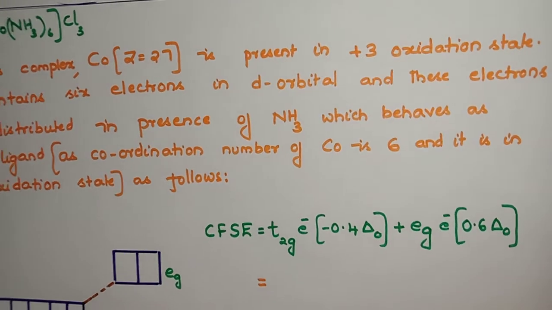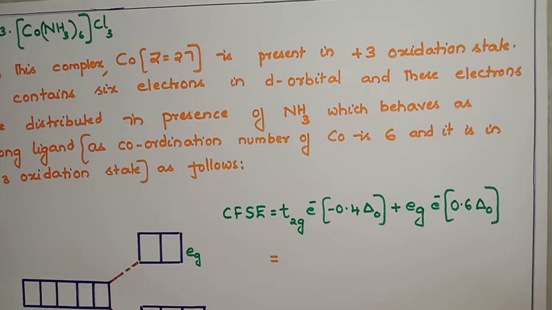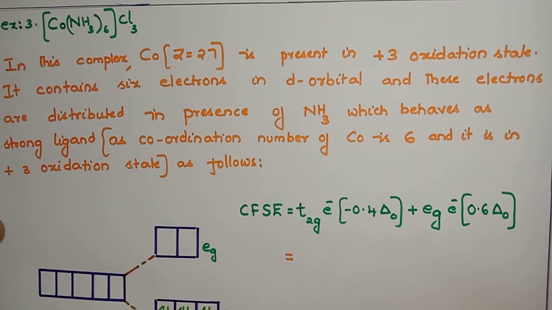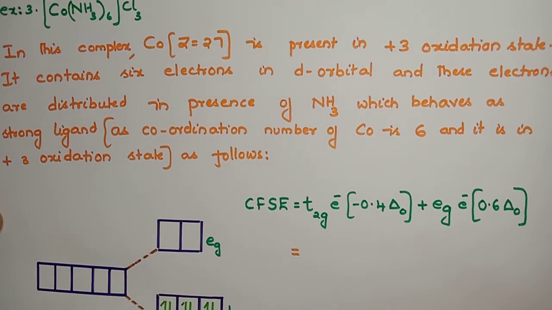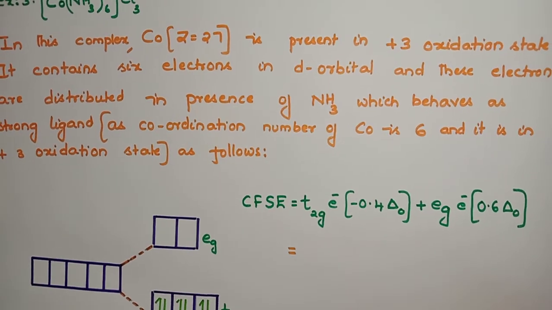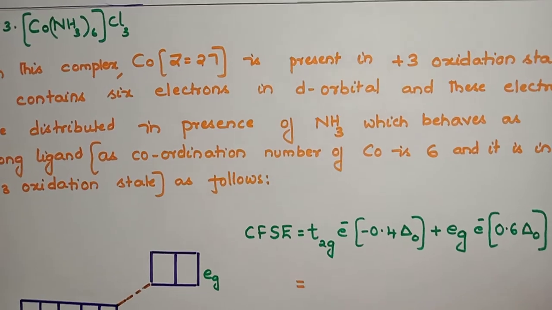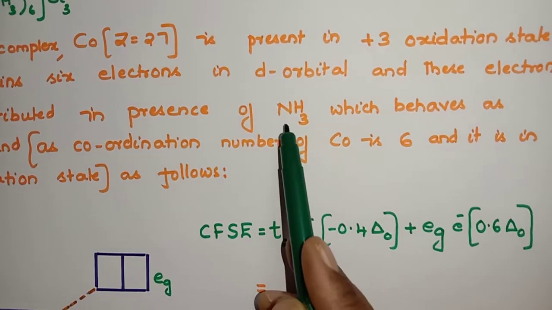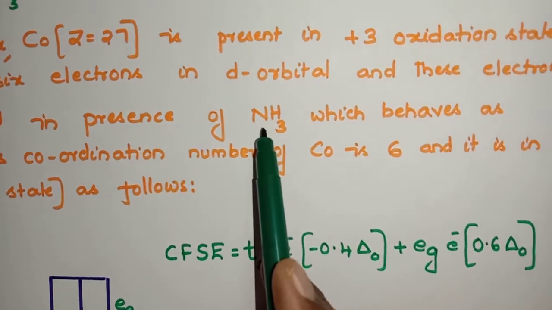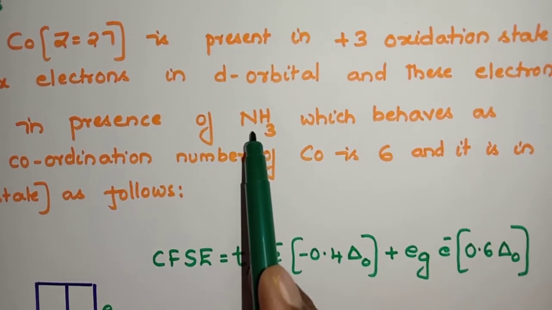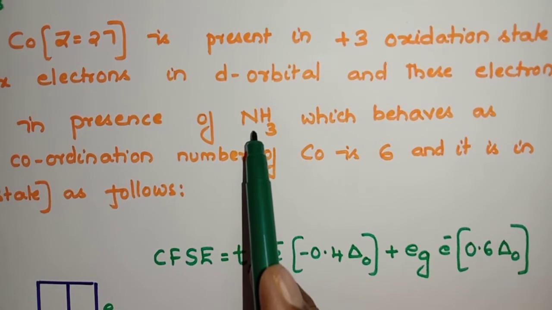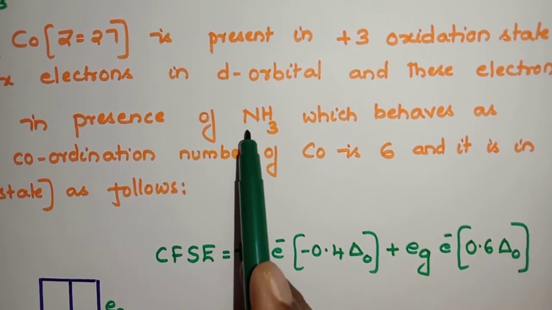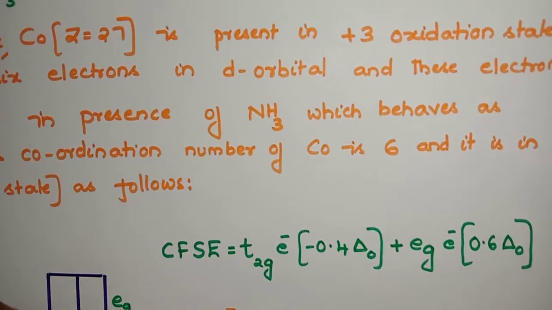If you calculate the oxidation number of cobalt, it will be +3. It has 6 electrons in the d orbital, distributed in the presence of NH3. NH3 is in the middle of the spectrochemical series, so it can behave as a strong ligand.